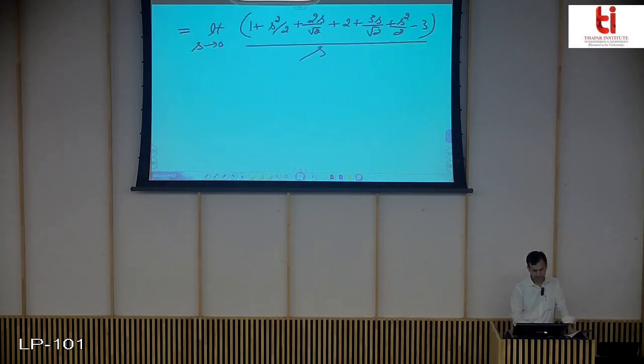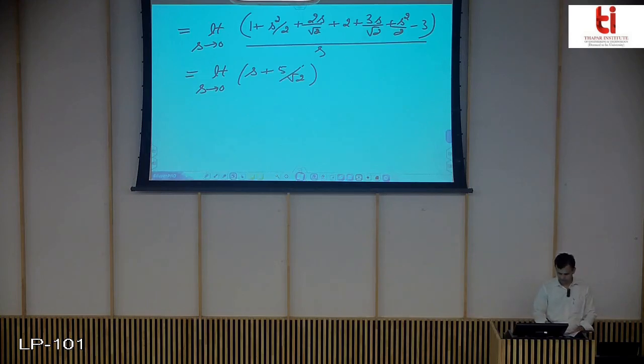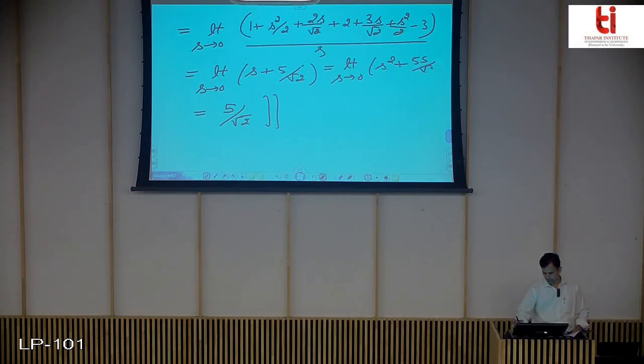Finally, taking this s with the numerator, you get s plus 5 over root 2, and this reduces to the value 5 over root 2.